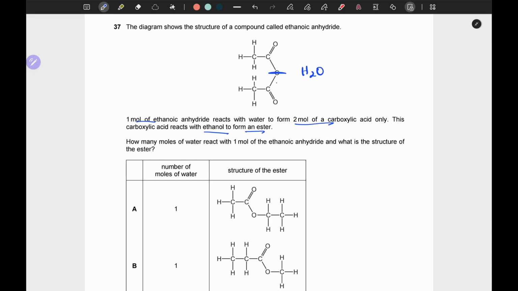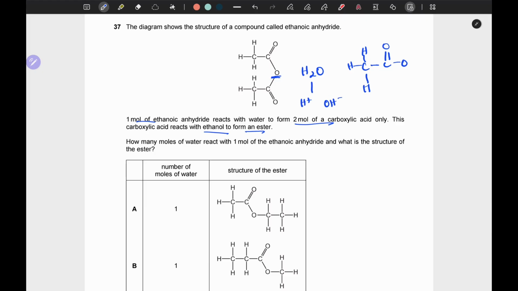hydrolysis occurs. So this bond is broken down. So what we end up getting is one of them takes the oxygen. So the product of the first reaction would be something like this. So the water, which will give H plus and OH minus.